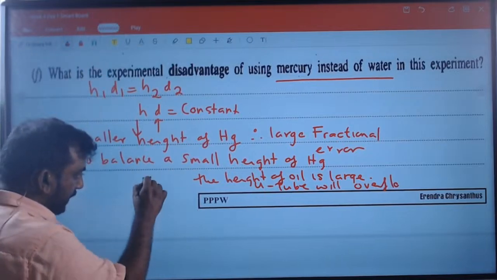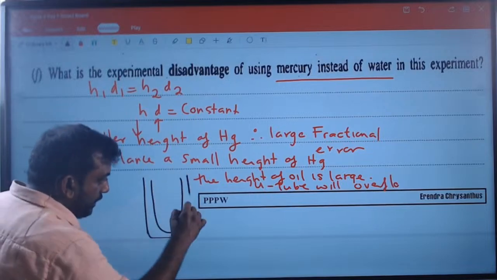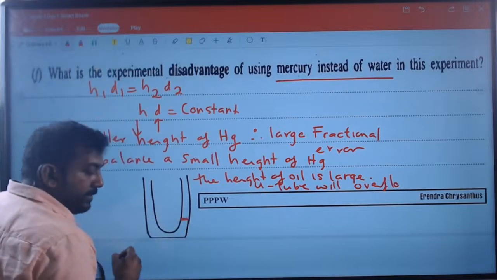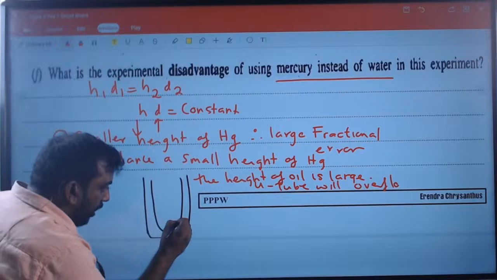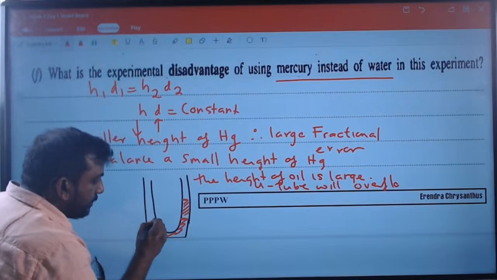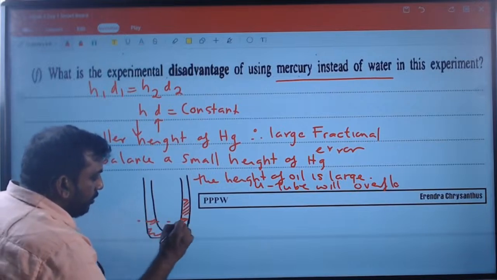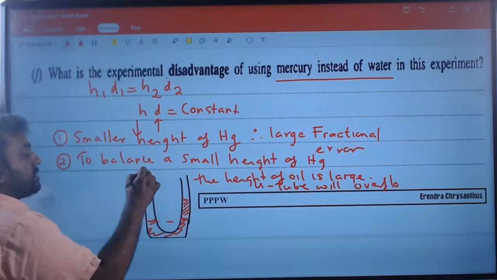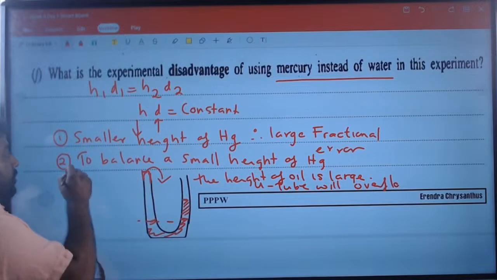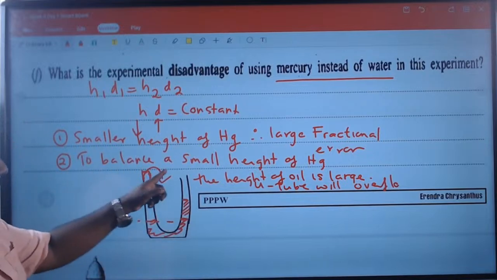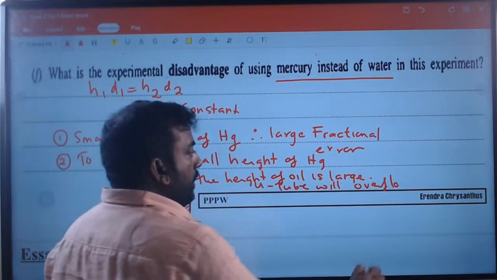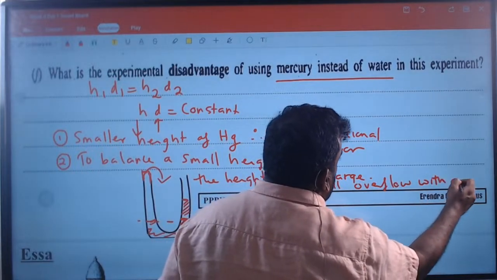That means to balance a certain height here, you put mercury here. But to balance this small mercury height, the amount of oil required is going to be very large. It will overflow. The U-tube is a very small device. To balance a small height of mercury, the height of oil is large. The U-tube will overflow with oil. Okay.